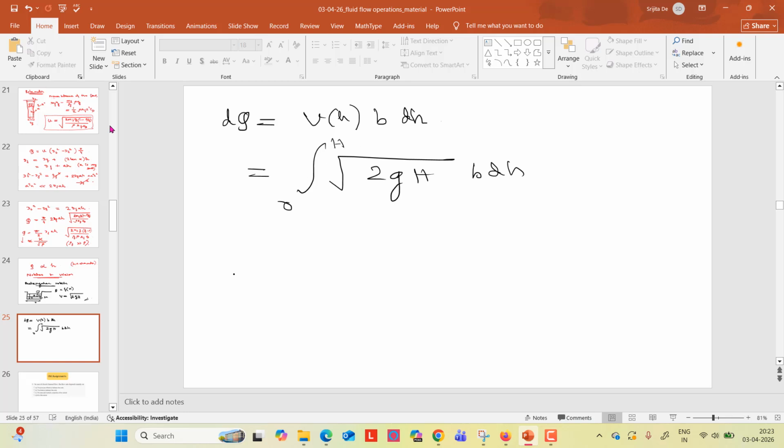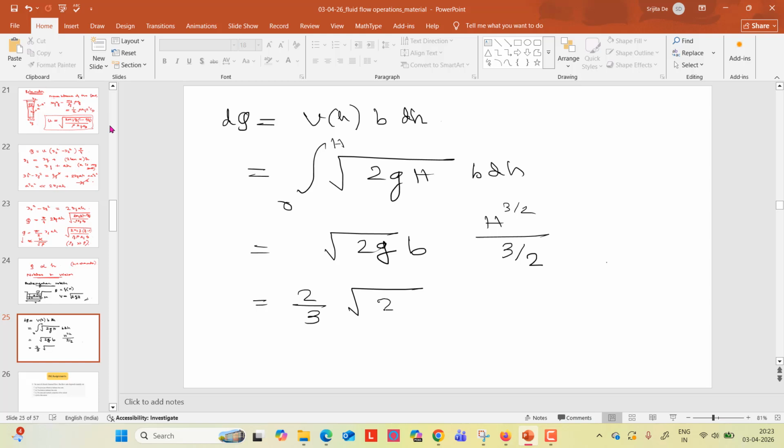So root under 2g is common, b root h, so it will be h to the power 3 by 2 by 3 by 2, right? So it is 2 by 3 root 2g into b h to the power 3 by 2, right? So this is q.